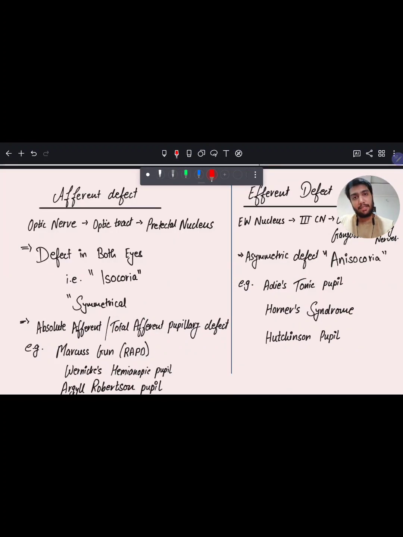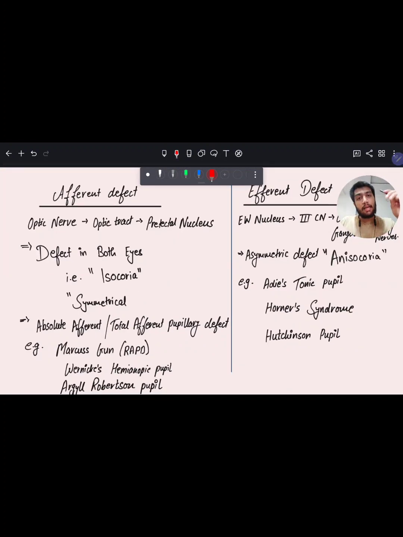As I told you, if you are showing light in one eye, normally both eyes are going to constrict. So if there is an afferent defect of one eye, obviously both eyes will not be able to constrict if you are showing the light in the defective eye.